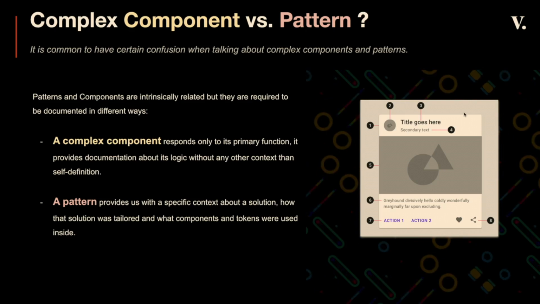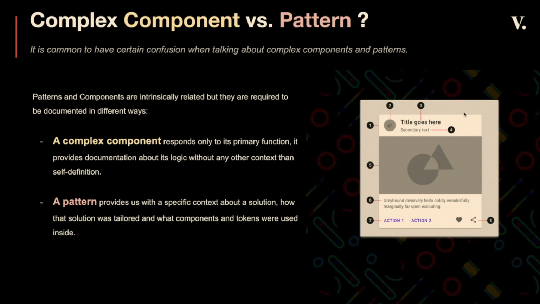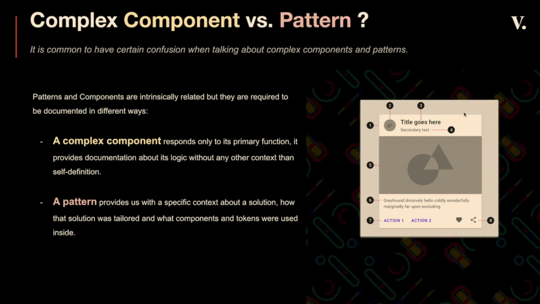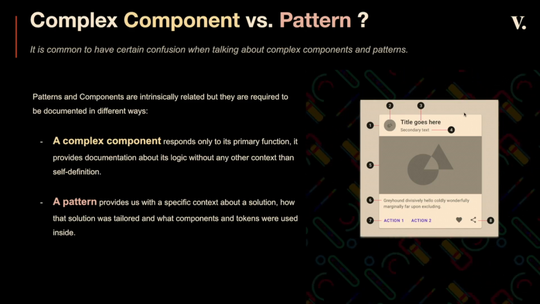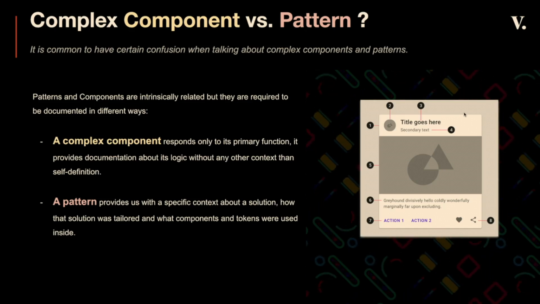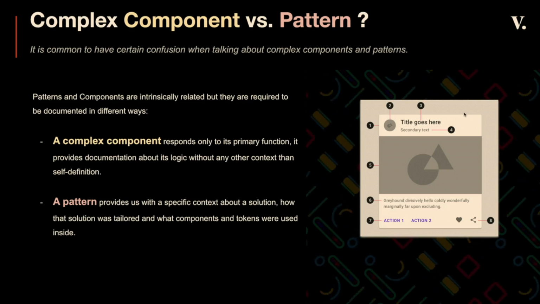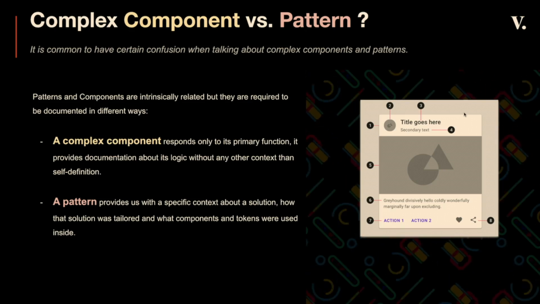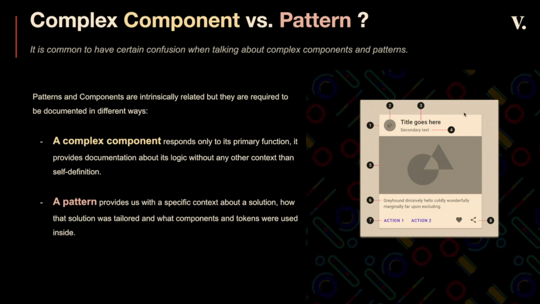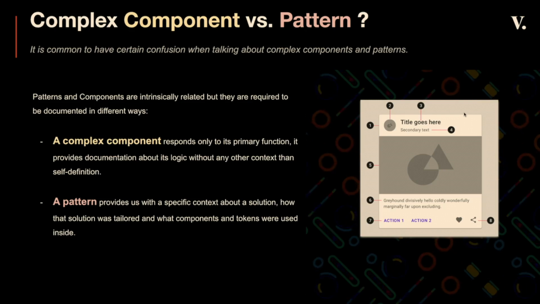A product tile is a product definition according to the context defined in our understanding of e-commerce. So a product tile in Vestiaire is not the same as in Zalando or anywhere else. And this is a pattern. A complex component can be a card container, as we see here. A card container can have many different configurations and can be reused in other products simply as a layout structure. You can create it, and it can be used in other products.